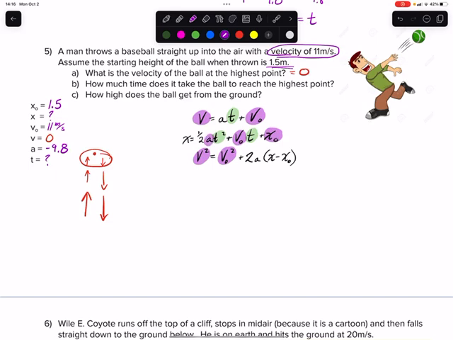And we know acceleration. So this one looks like the best choice because it both has the thing that we're looking for and everything else in it we already have. So we're going to use that equation.